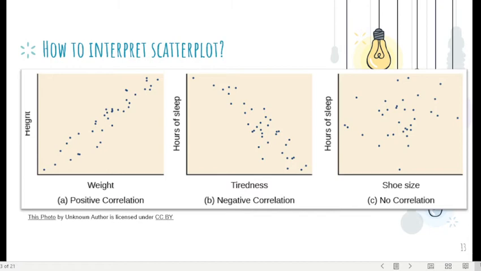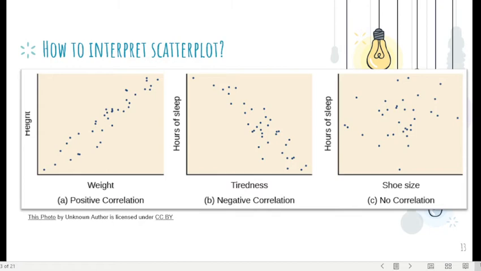Let us look at the second graph. In the second graph, we have two variables, tiredness and hours of sleep.